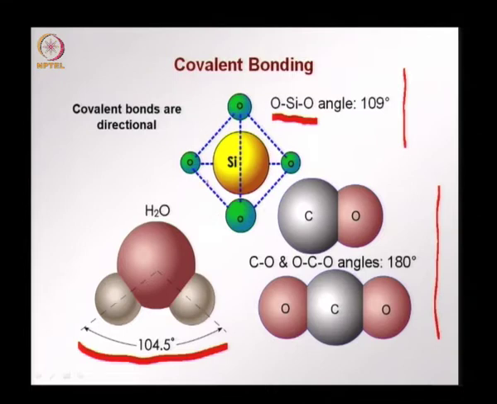And this is very important, and we will see this later, because this specific type of directionality gives rise to chains and sheets in covalently bonded materials.